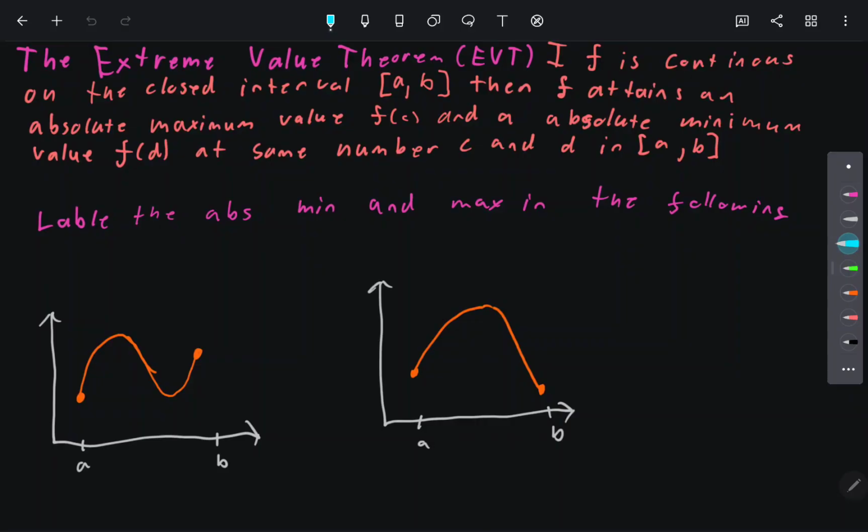Looking at this graph over here, we can tell that there's an absolute maximum at this point right here, this high point. So we are going to call this maximum c, f of c.